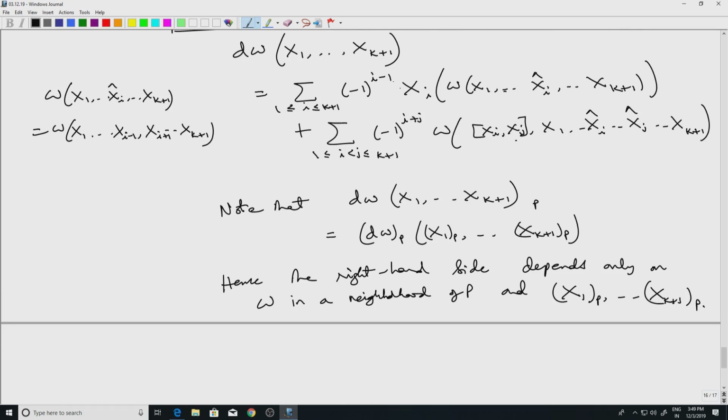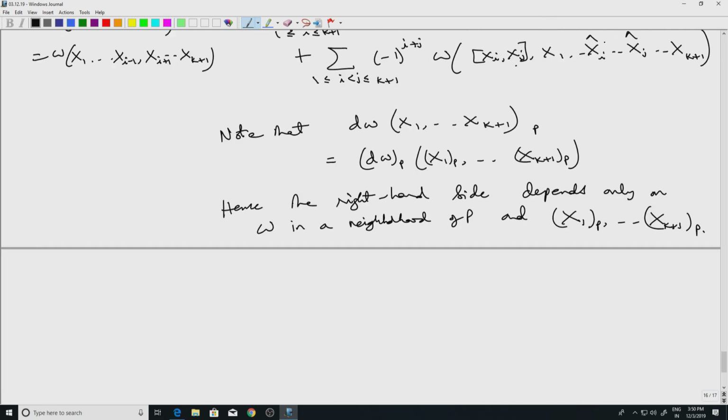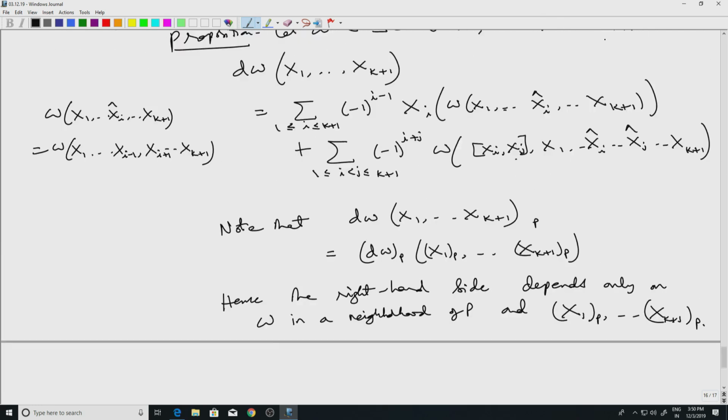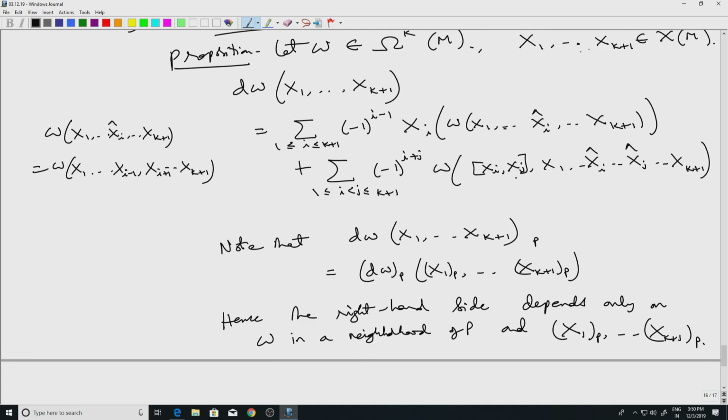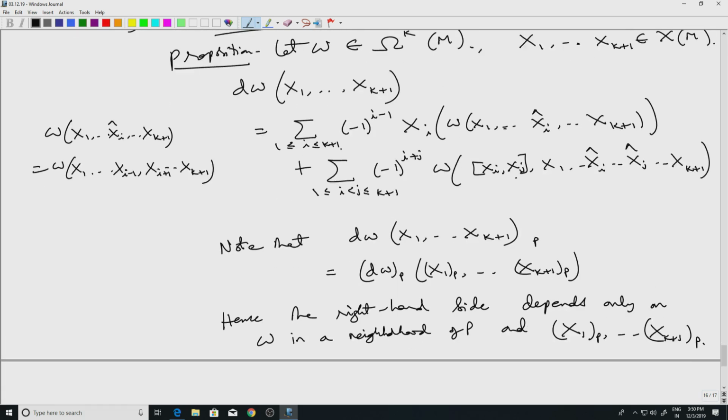But even though we start with vector fields on the right hand side, ultimately what we end up with just depends on tangent vectors at a given point, not on the full vector fields. This is not obvious, but once one has this formula, then it's clear. And this formula is sometimes useful.